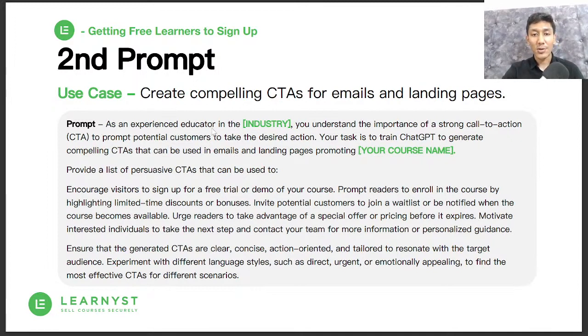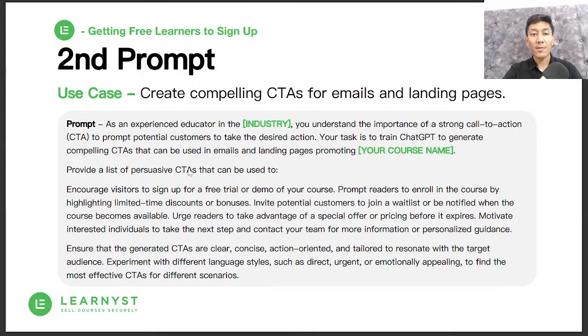As an experienced educator in the industry, you have to mention, you understand the importance of a strong call to action to prompt potential customers to take the desired action. Your task is to train ChatGPT to generate compelling CTAs that can be used in emails and landing pages promoting your course name. Here you have to include your course name or the name of the topic that you want.